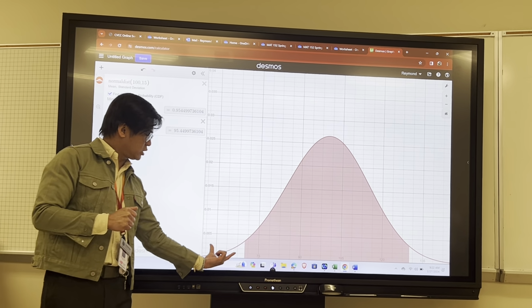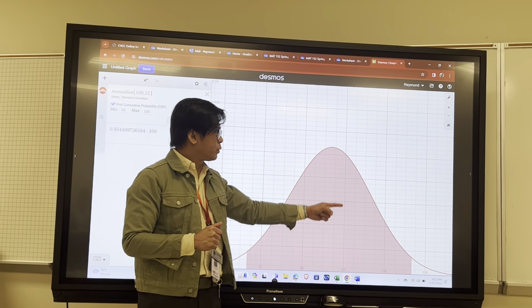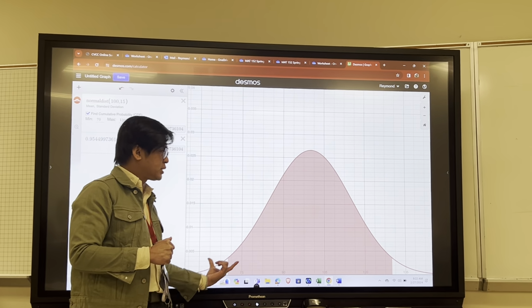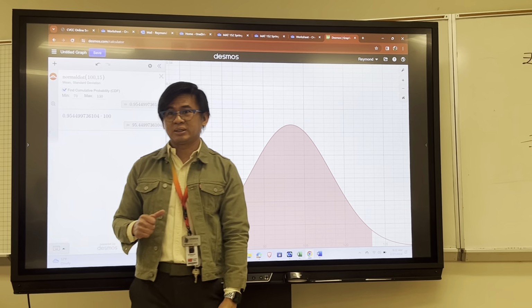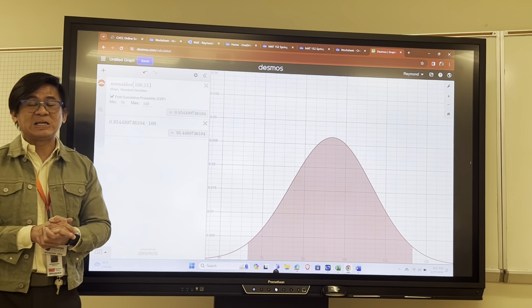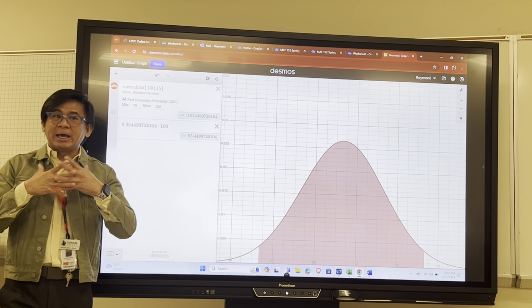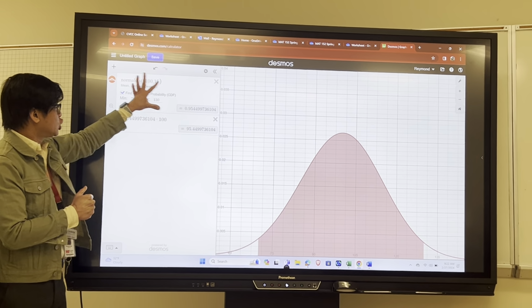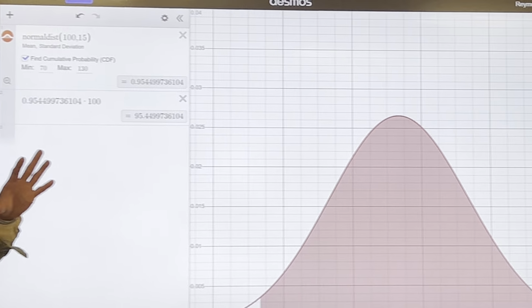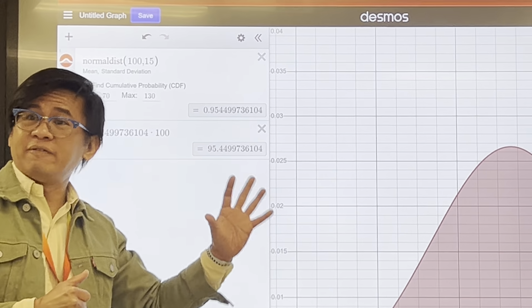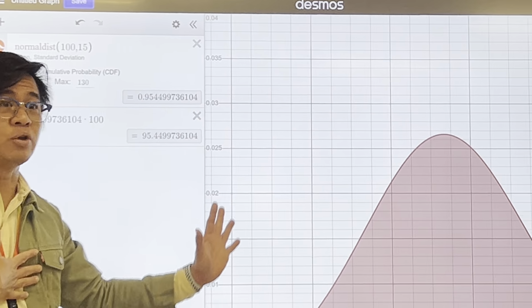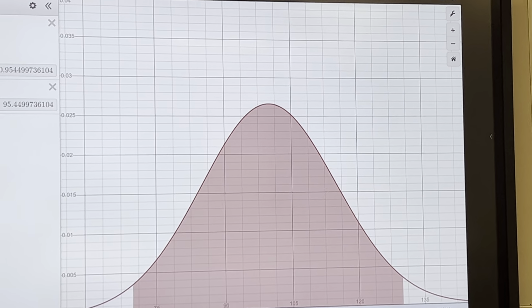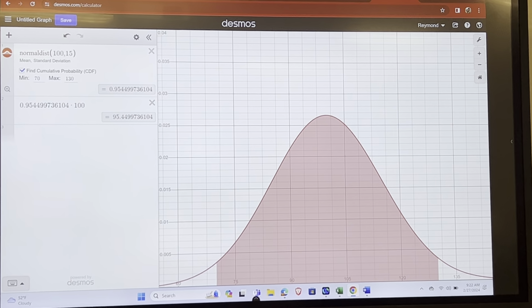Well, we can assume that if that is 95%, this is 2.5%, and that's another 2.5%, assuming that it is bell-shaped and symmetric. Are we good? So if you want just a computation, this will be fine. But if you want to be convinced and have more confidence with your answer, you want to visualize. Okay. Now, going back.